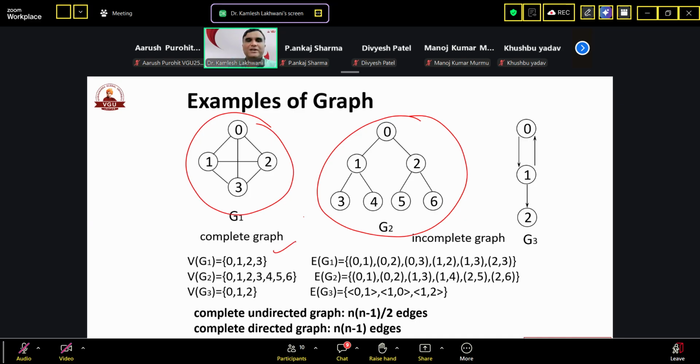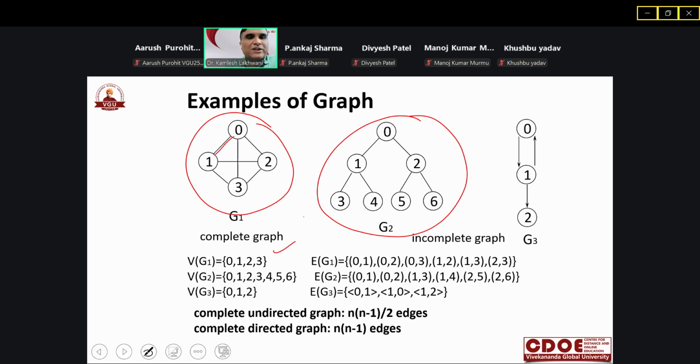That means every node Vi has an edge to Vj, for example. Here, 0 is connected with 1, 2, as well as 3. Similarly, 1 is connected to 0, 2, and 3. Similarly, 2 is connected to 0, 1, and 3. Similarly, 3 is connected to 1, 0, and 2. Such a graph is called the complete graph.